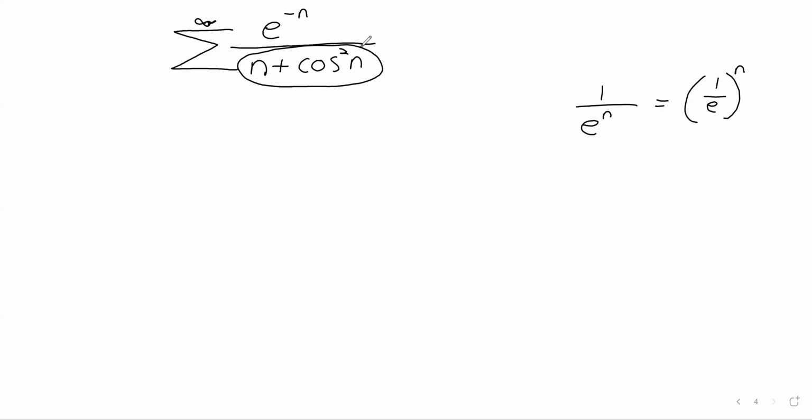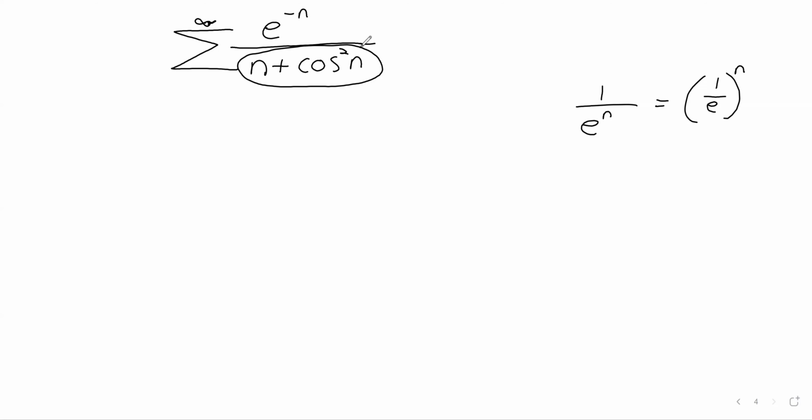So a billion plus the cosine squared is about a billion. So if we're taking something that we think is already probably finite, and we're making it even smaller, well, this whole thing should probably be finite.